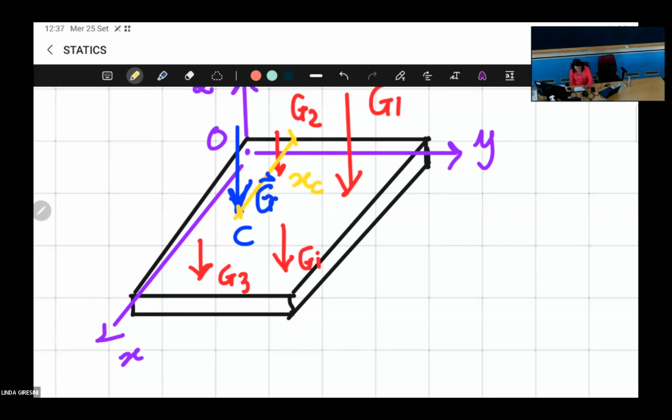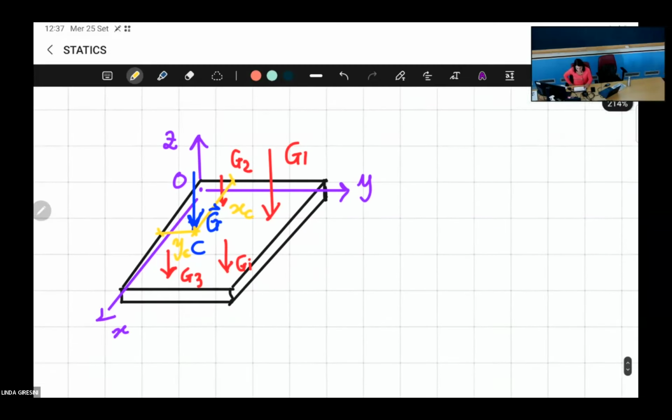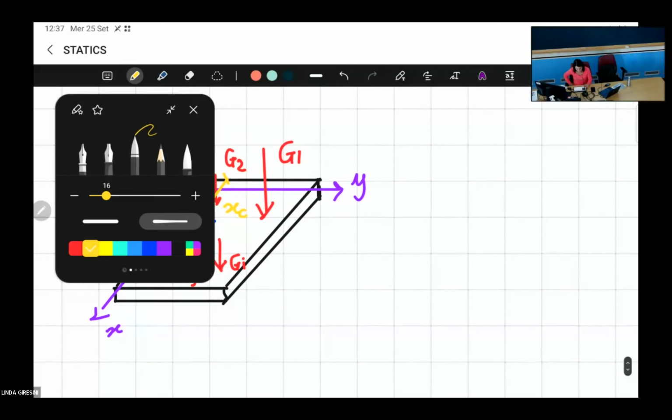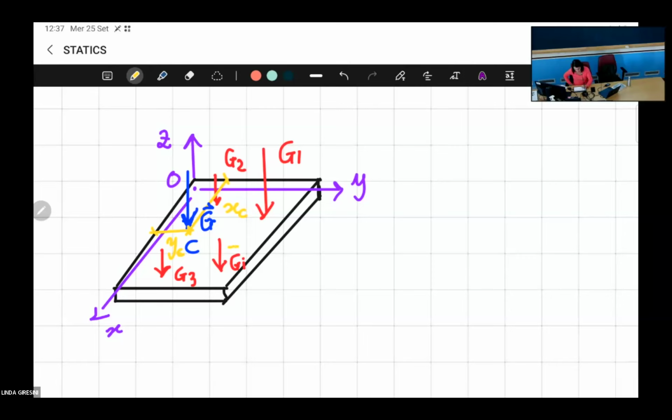Okay? And the distance from C to the x-axis is called YC. It's the coordinate system, nothing so different from what we already know. All these are forces. So let me also write the arrow here, just to be sure that you know that these are forces.